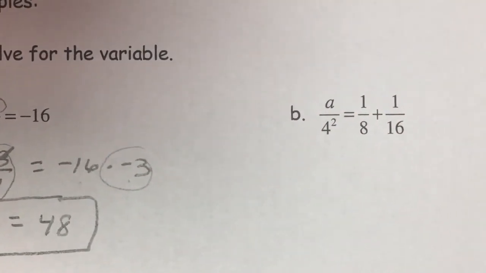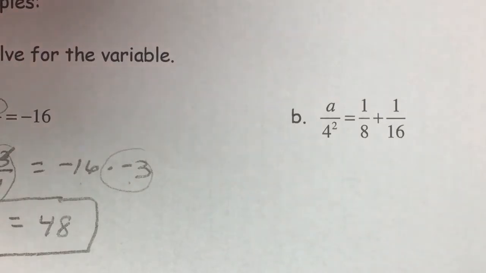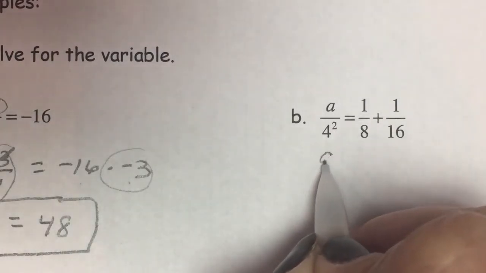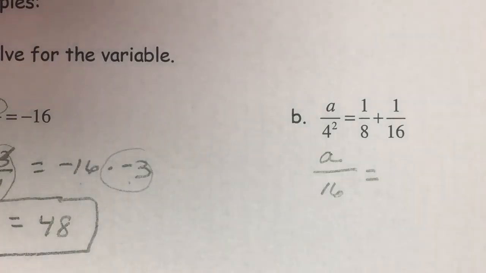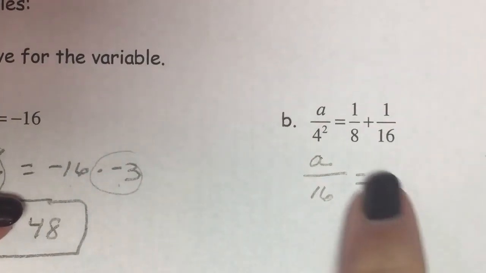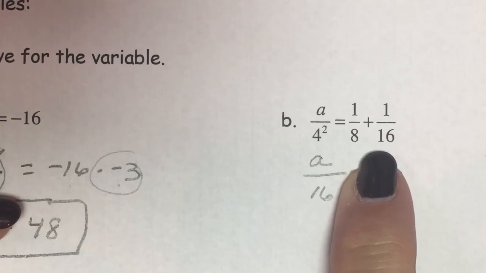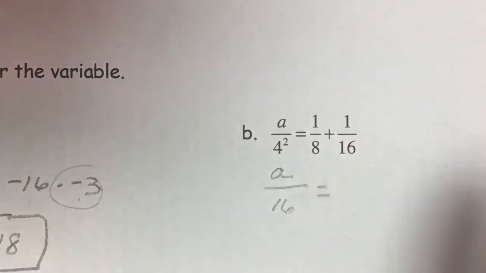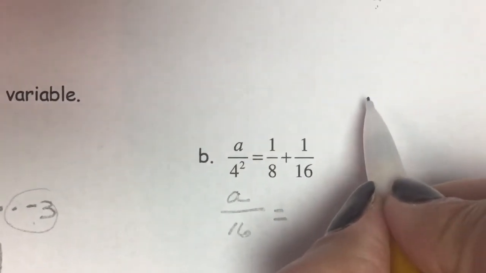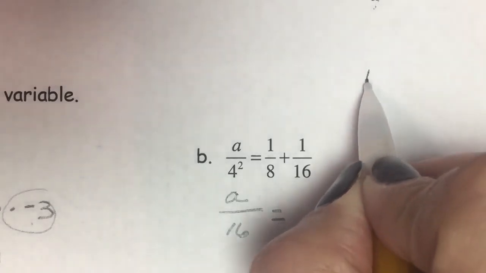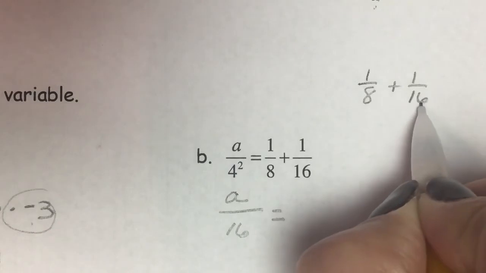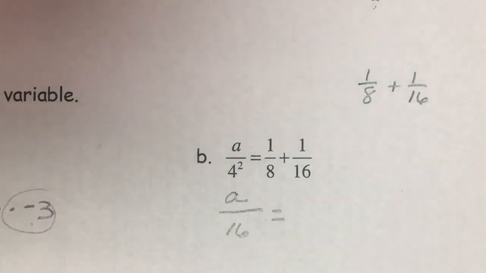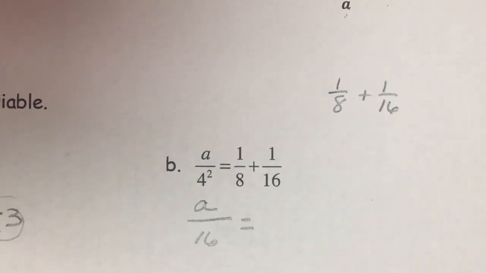Now, this has got some more fractions that we're going to have to simplify. For example, right here, 4 squared I know is 16. And right here, I have to combine these two like terms. So I'm going to use some scrap up here and do 1/8 plus 1/16. My common denominator is going to be 16.